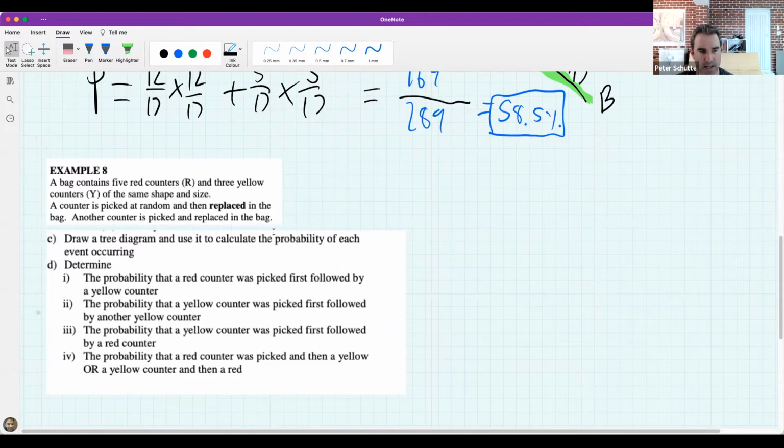Another counter is picked and replaced in the bag. Now, because they're being put back, these events are independent. The numbers aren't going to change too much. First step is to draw the tree diagram, and I want you to put the probabilities on the tree diagram. So that's step 1. And then after you have done that, just say tree diagram done. And then we'll go on to these questions.